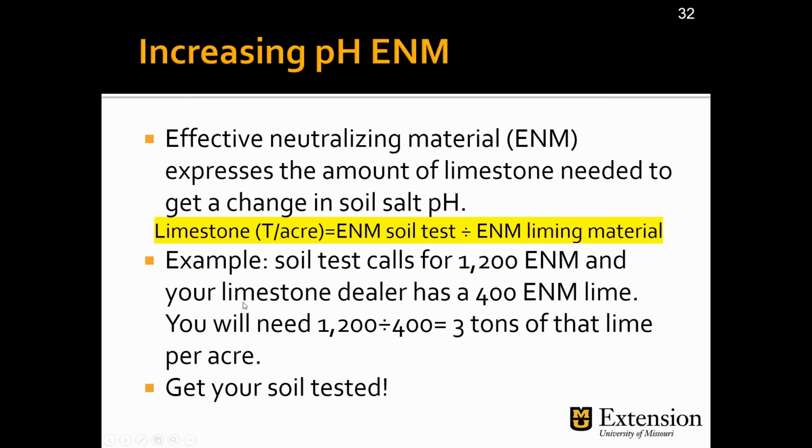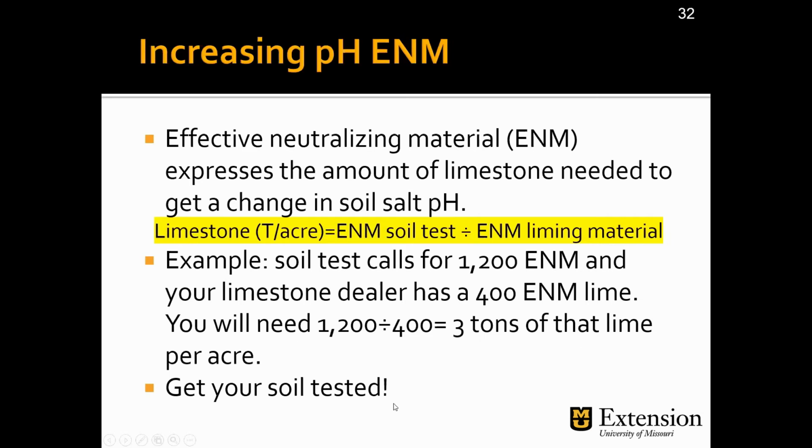So you go to your limestone dealer and they have a limestone that has 400 ENM. How many tons are you going to need of that limestone to neutralize these 1200? You just divide 1200 by 400, and that's going to give you how many tons of limestone you're going to need per acre.